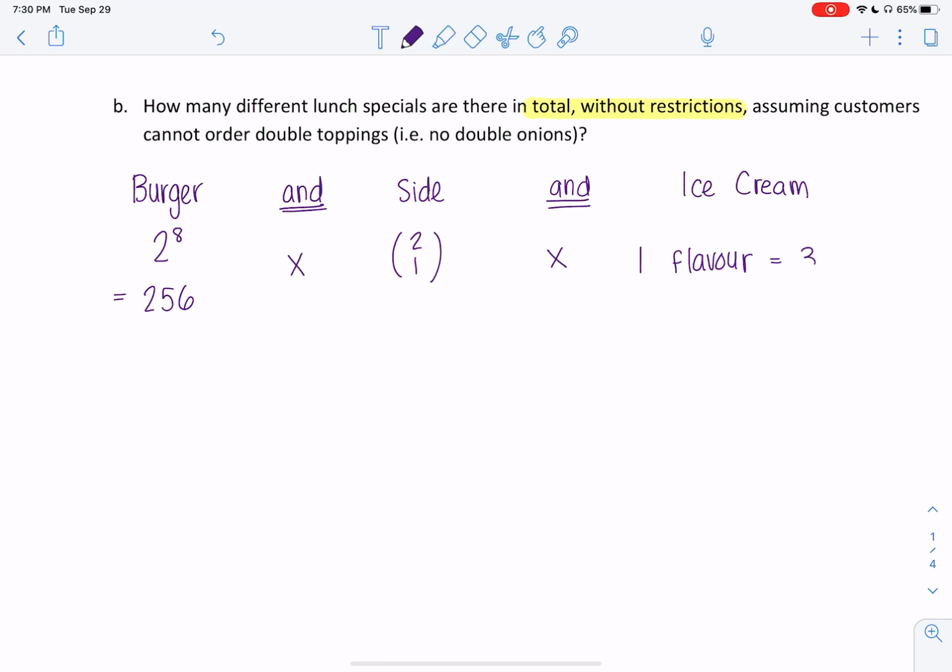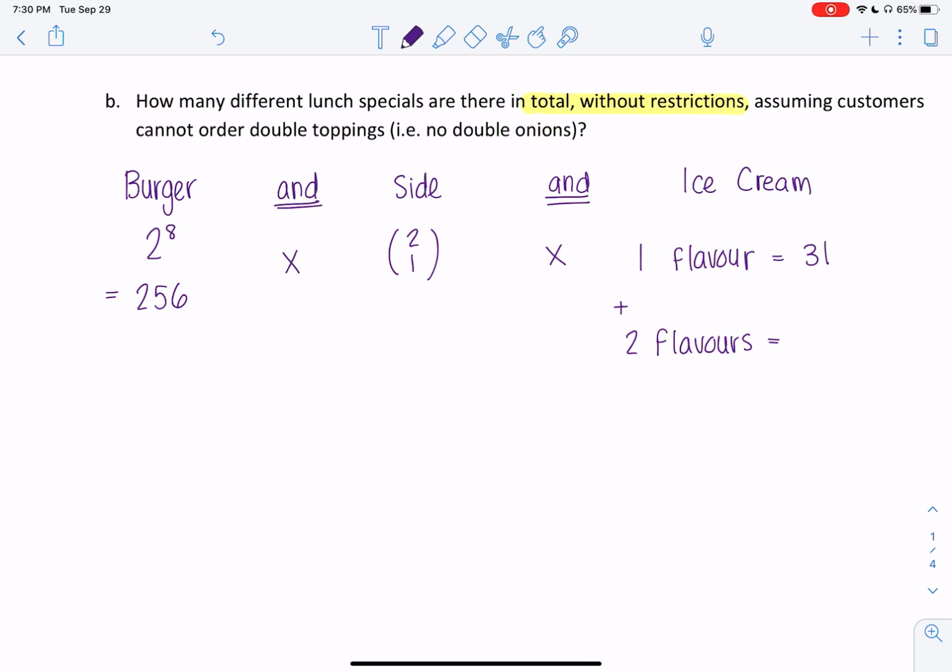is going to be 31 ways. So I could either get chocolate, vanilla, strawberry, etc., 31 different ways. Then I could get 1 flavor, or, so I add 2 flavors. And this one is probably the trickiest one.